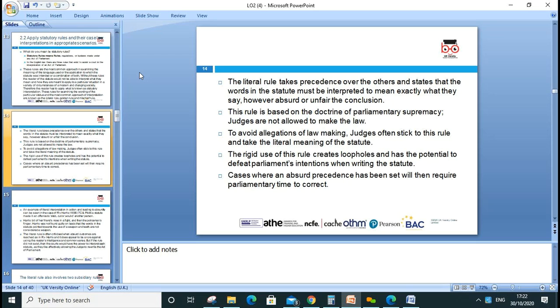The reason to use these rules is that they create loopholes, which have the potential to defeat the parliamentary intention when writing the statute. So cases and precedents set will then require parliament time to correct it.